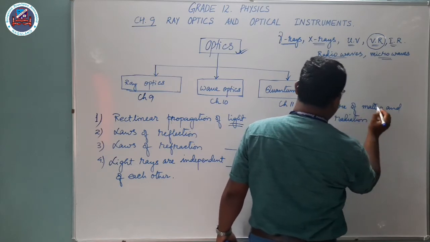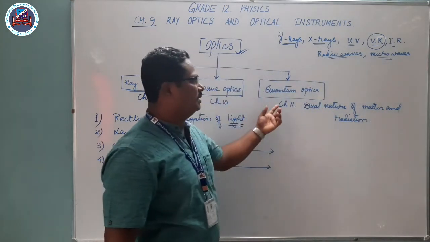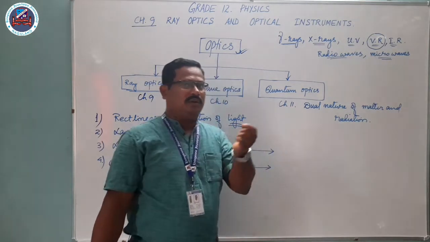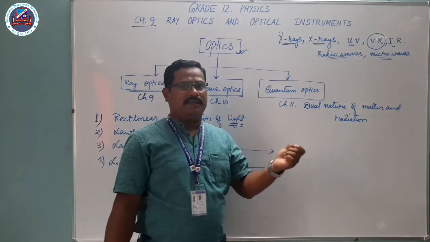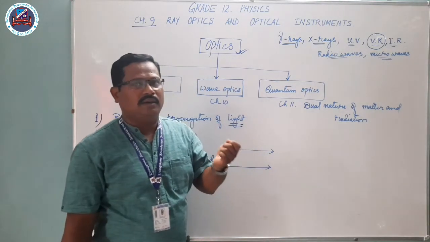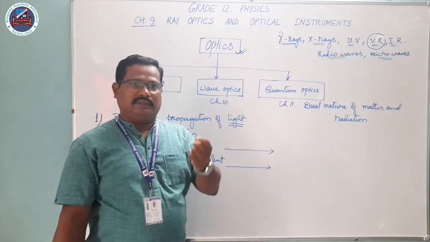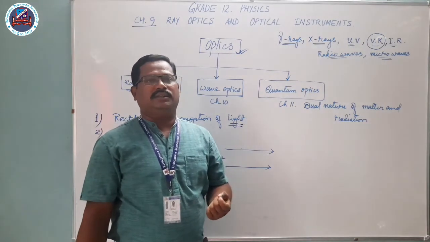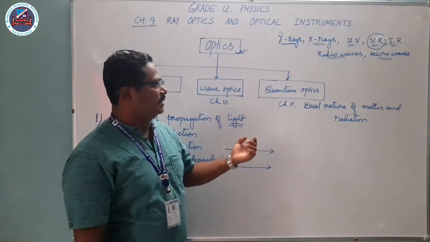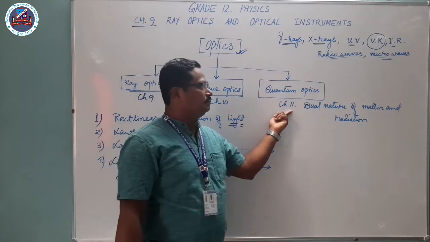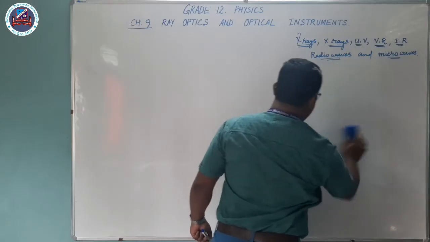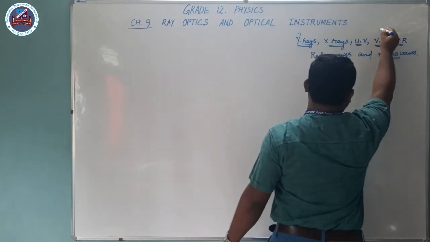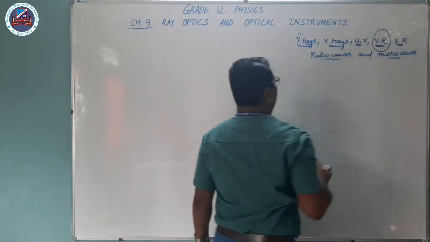A little bit you will study about light in the form of particles. Quantum means very small. Each particle of light we call a photon, and each photon has a definite amount of energy. Later on we will study in detail in chapter 11. So light belongs to which part of the electromagnetic wave? The visible part of the electromagnetic wave.